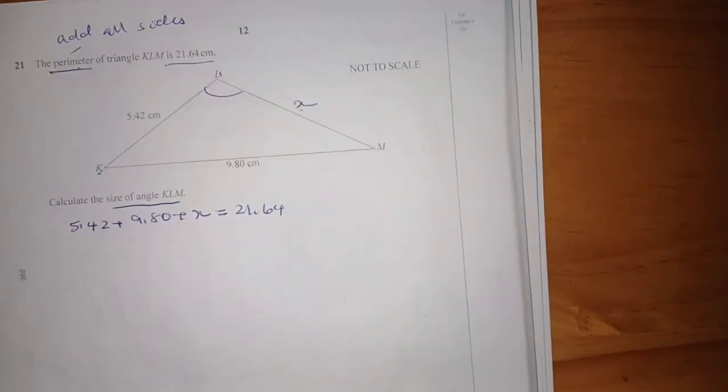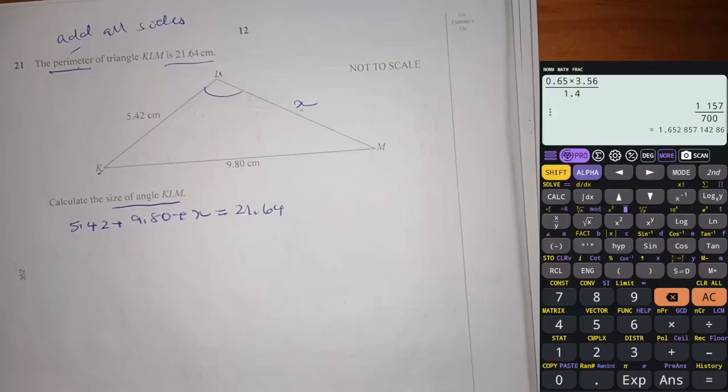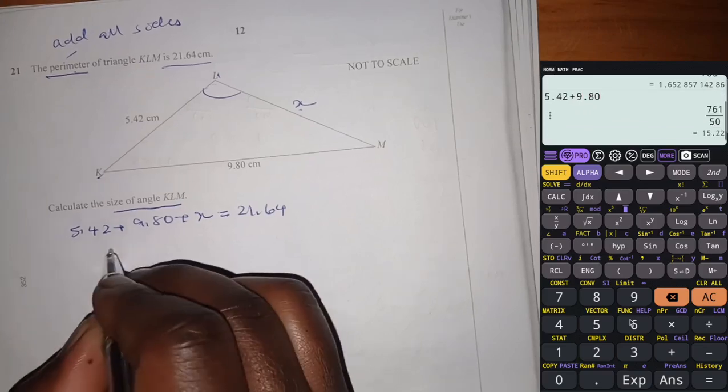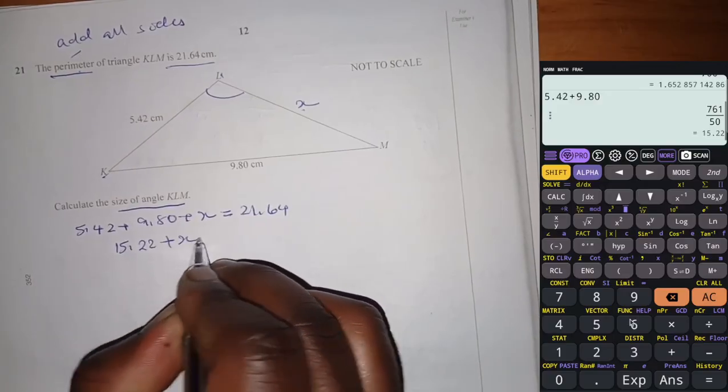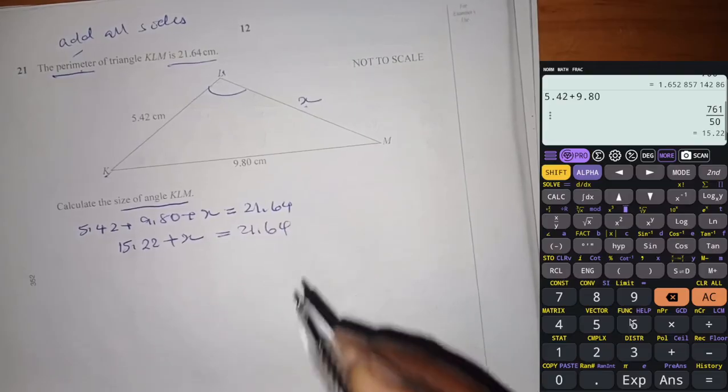So now let's bring in our calculator here. There you go. So now in our calculator we have 5.42 plus 9.80. The answer is 15.22 plus x is equals to 21.64.